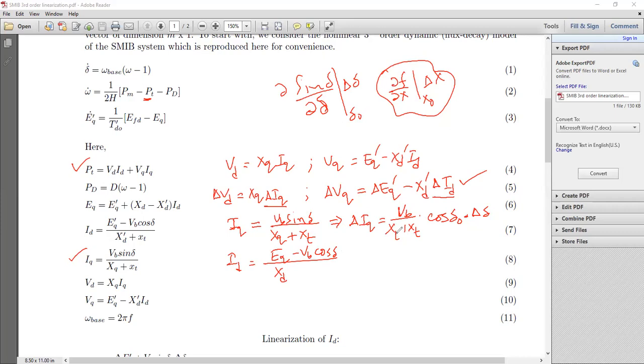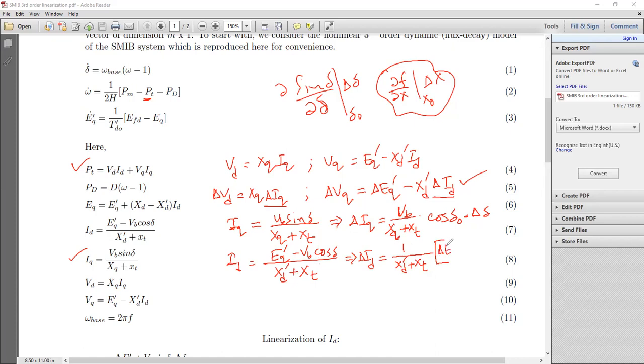Then we have ID, in the denominator XD dash plus XT, in the numerator we have EQ dash minus VB cos delta. Now tell me, what would be del ID?